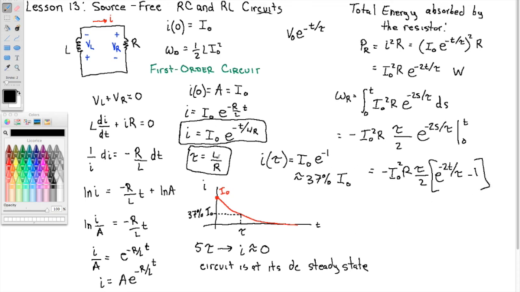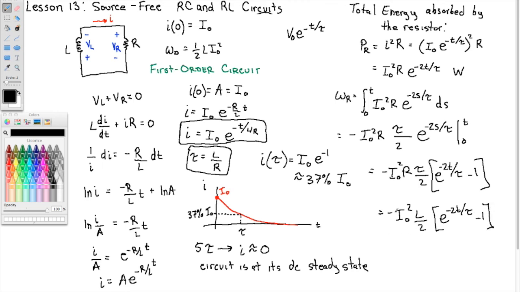Tau, remember, is L over R. So that R cancels with this R, and I get L over 2 times e to the negative 2t over tau minus 1.